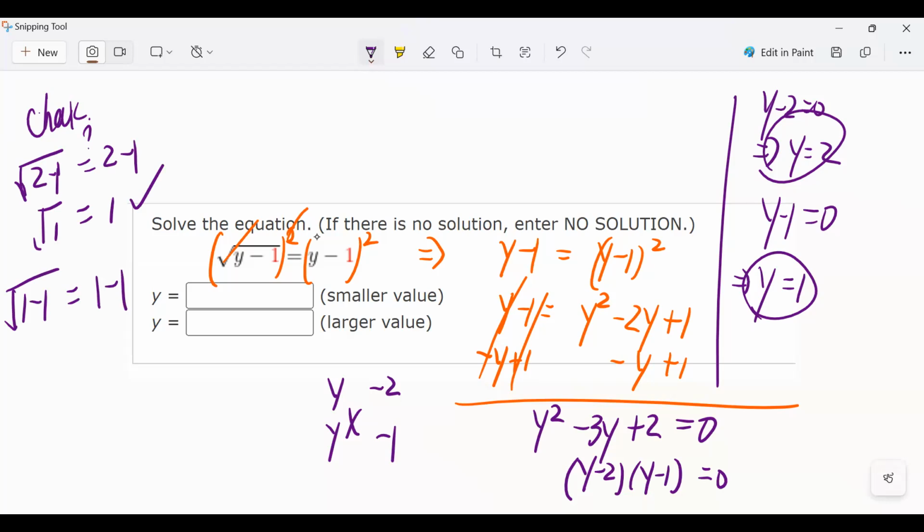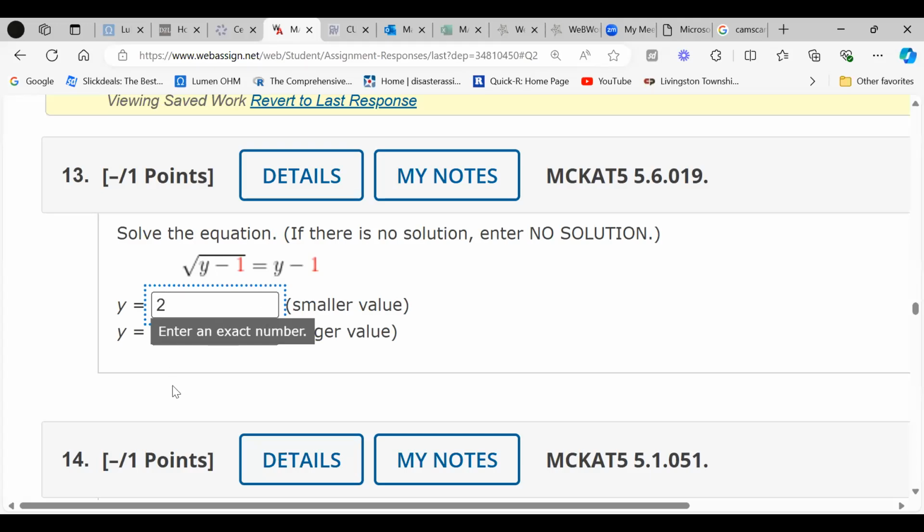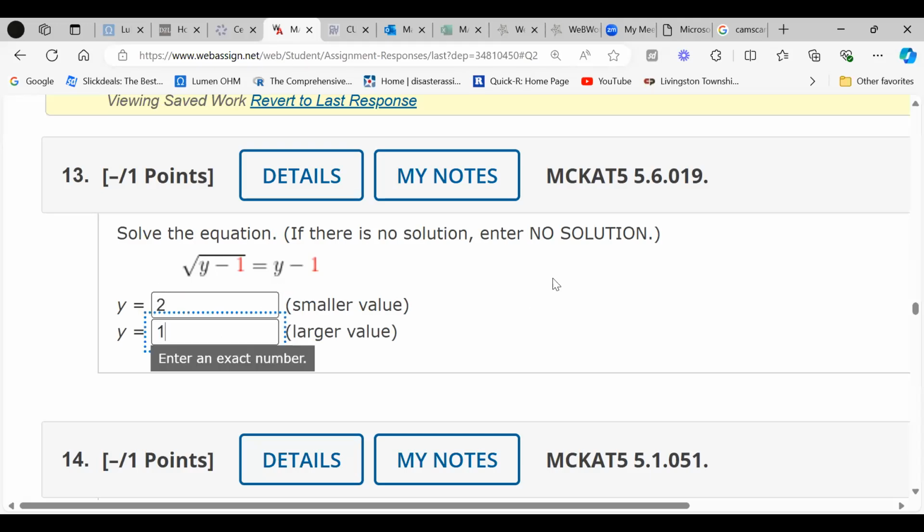That's also true: radical 0 equals 0. This is also good, so both answers are good answers, 2 and 1. Smaller value first, so 1 goes first and 2 goes second. All right, any questions?